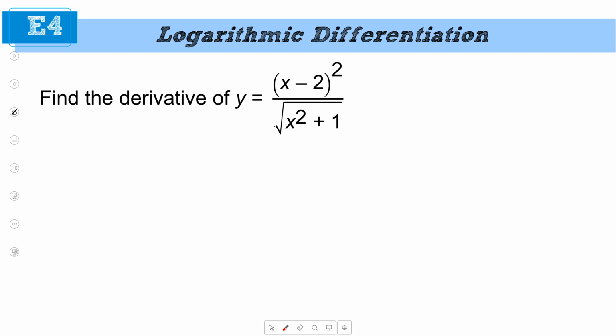Okay, we ready? Here we go. Step 1, take the natural log of both sides. Step 2, apply your log properties.